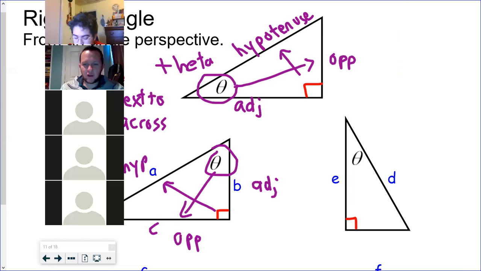Now we're going to do the same thing over here with this triangle, but I want you guys to label those. I'll give you 10 seconds, and then I'm going to ask one of you to tell me the answers. Label EFD as opposite, adjacent, and hypotenuse. Go.